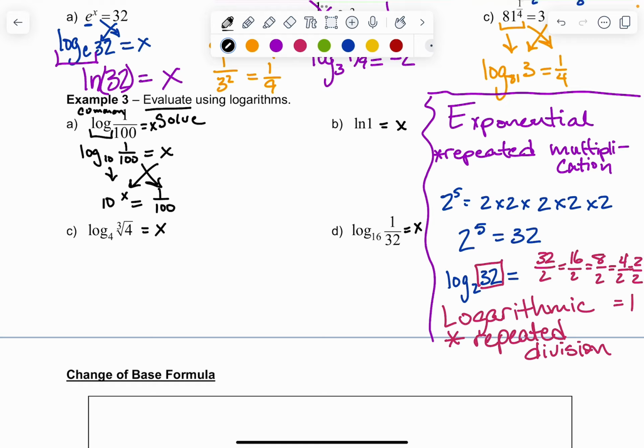Well, if you know that 100 is 10 squared, you could be like, okay, I need this to be a 2, but I also need it to go to the denominator of a fraction. I need it to be flipped. So that must mean that it's -2. And that's our solution. x equals -2. Always double check your work if you're not confident. 10 to the -2 equals 1 over 100.